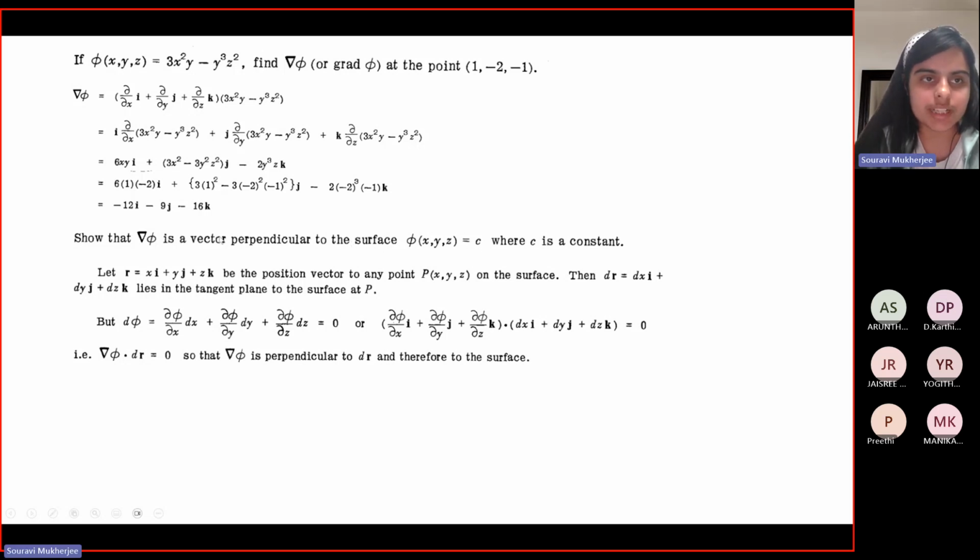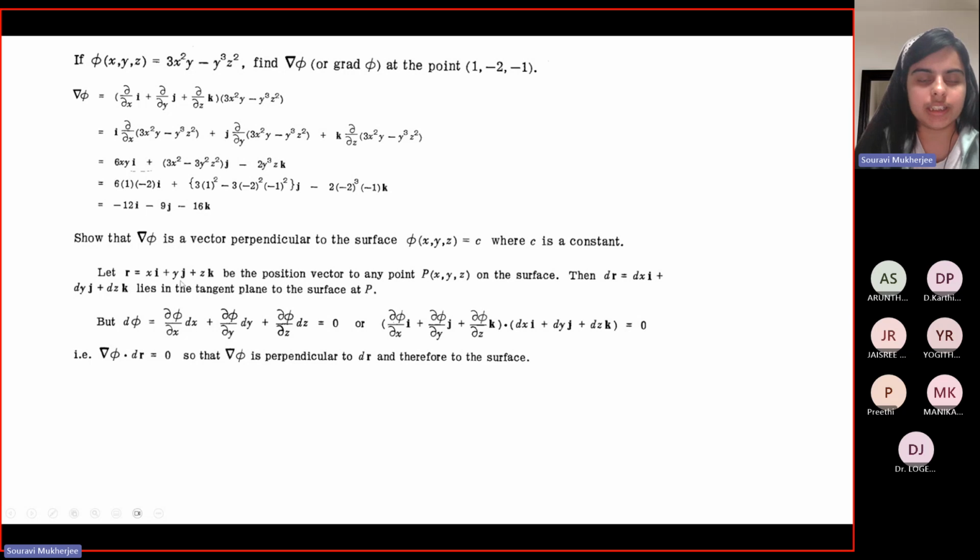That means if you have some surface and a scalar field defined on the surface such that the scalar field is constant on the surface, then grad phi will give you the direction perpendicular to that surface, and that is the direction of maximum change. That's what we read in the definition of gradient. So how do you prove it?